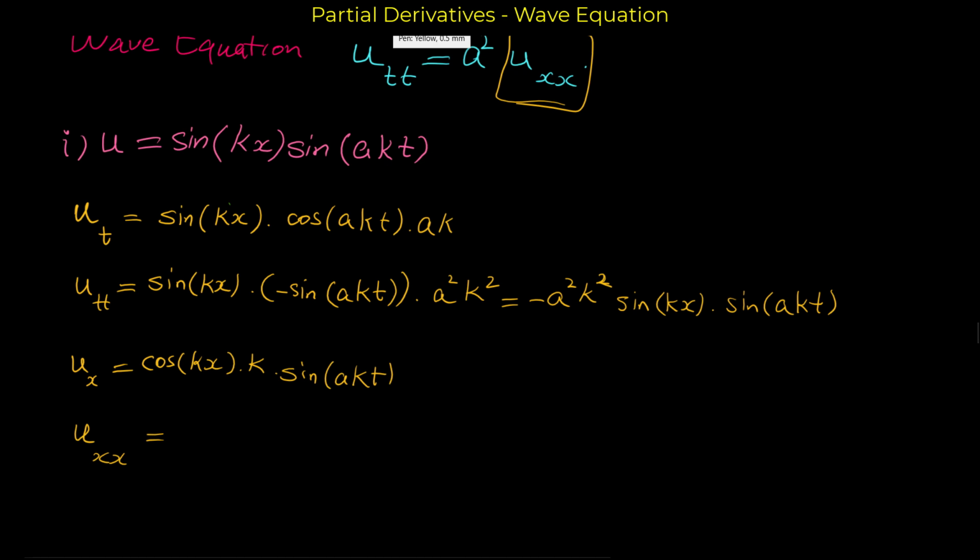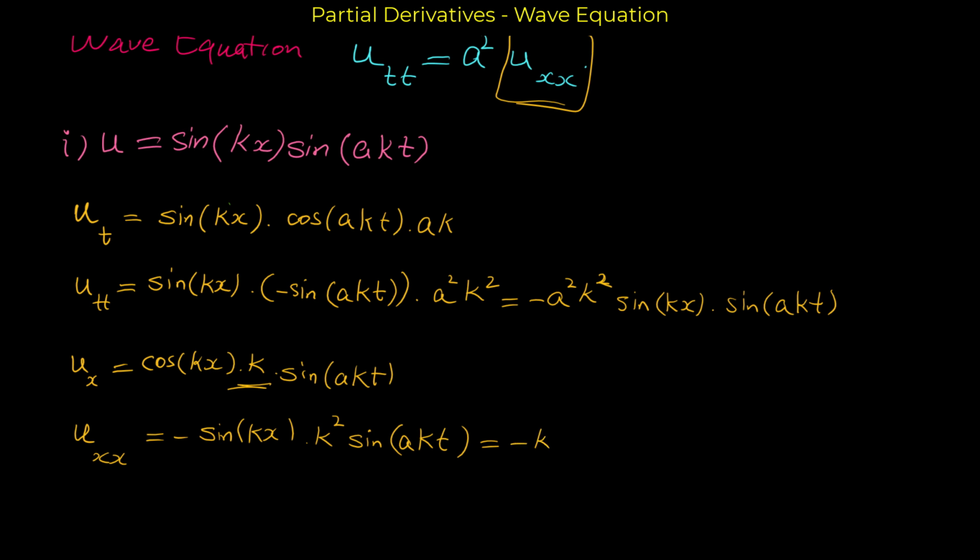It is simply negative sine of kx times k. We have another k as you can see here, so it would be times k to the 2 times sine of akt. We can write this answer as negative k2 sine of kx times sine of akt.